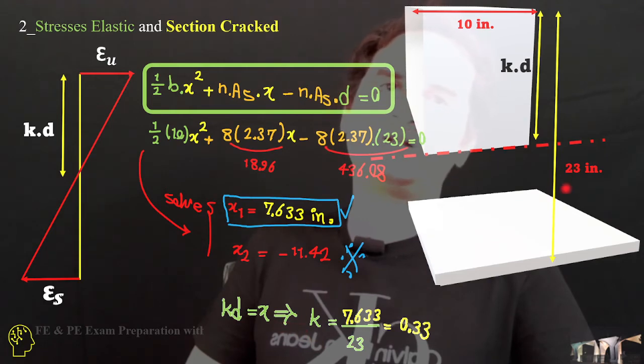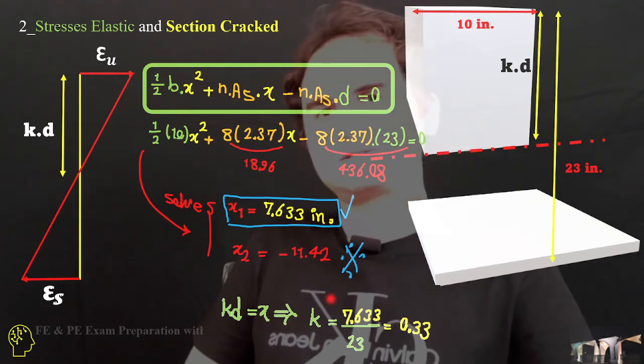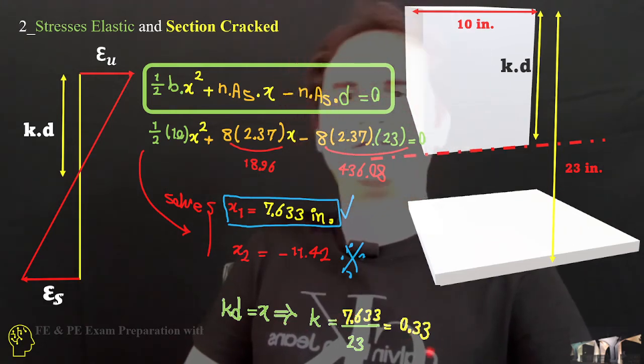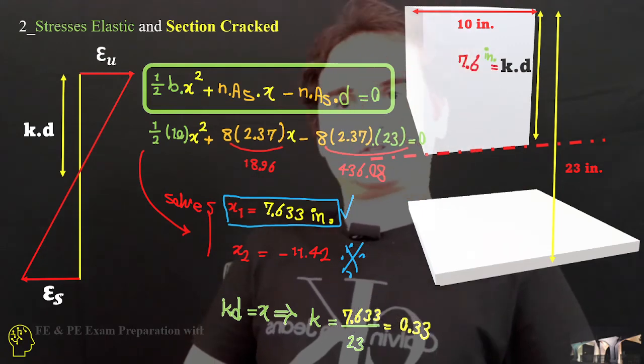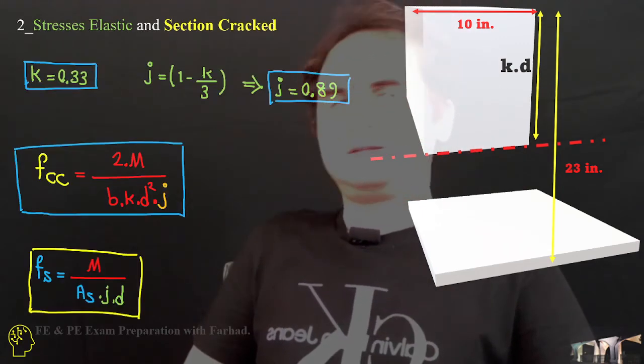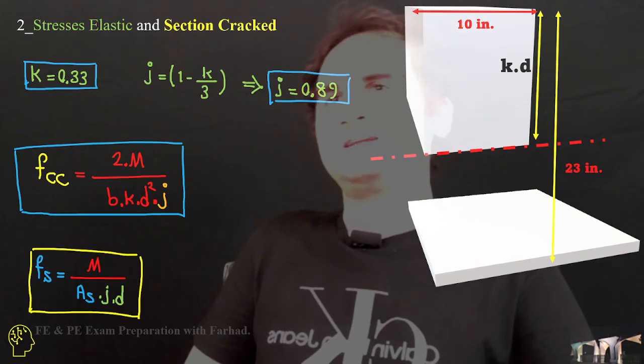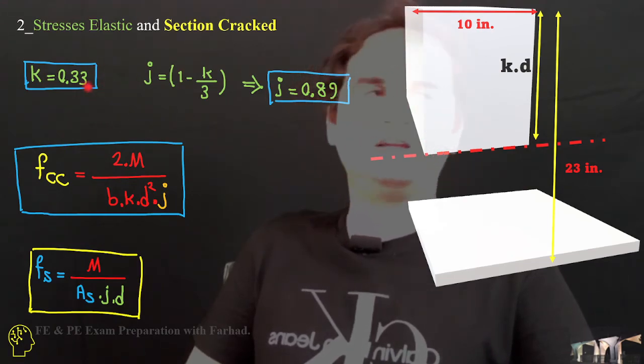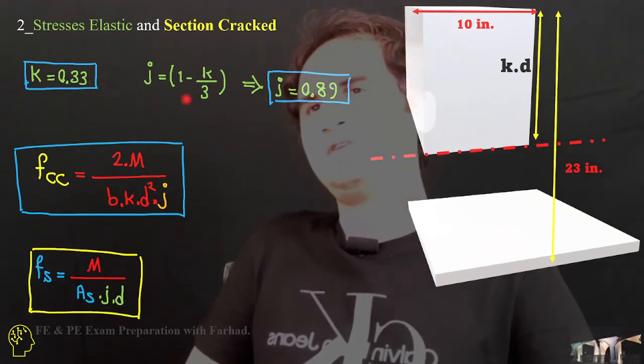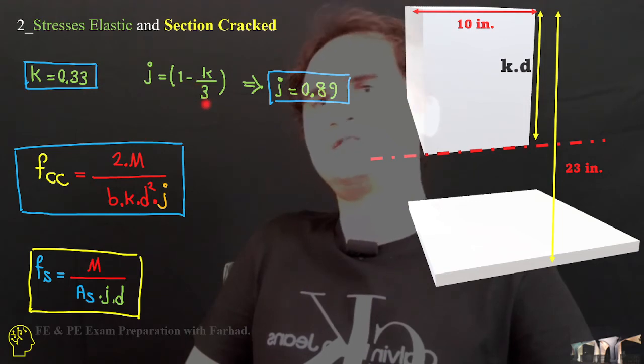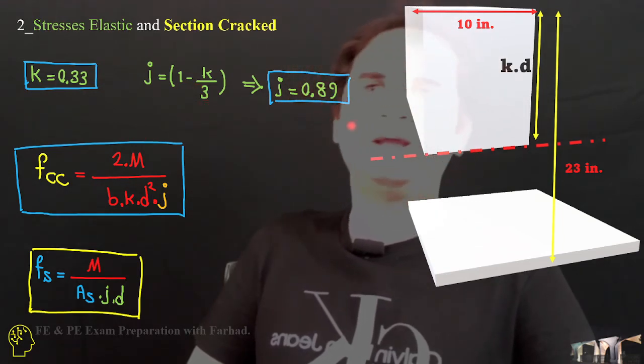We know what d is, 23, so k is 0.33. As soon as we calculate kd, we can easily calculate k, and j is 1 minus a third of k, so that's 0.89.